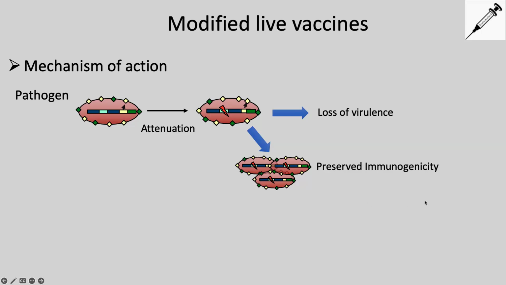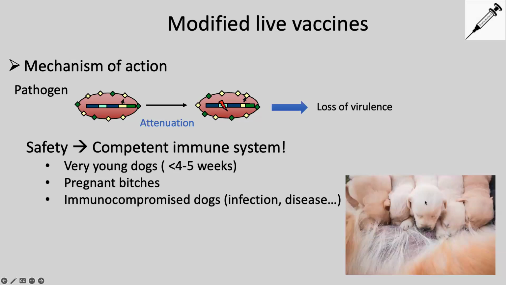Just a small point about the loss of virulence. It's an attenuation. We still have a live vaccine. So it's an attenuation if we have a competent immune system. So we have to keep in mind that we need to follow certain rules to correctly use this live vaccine.